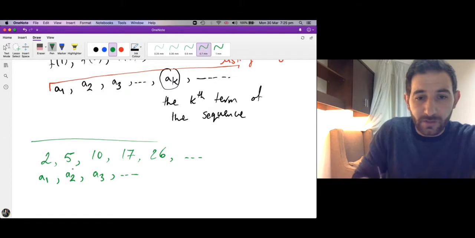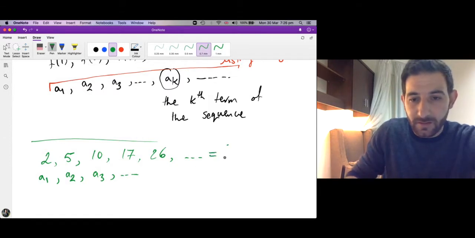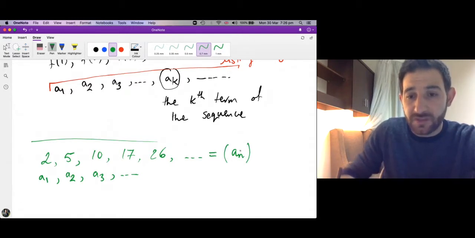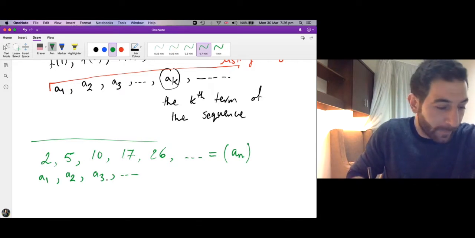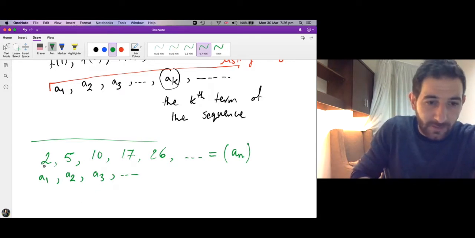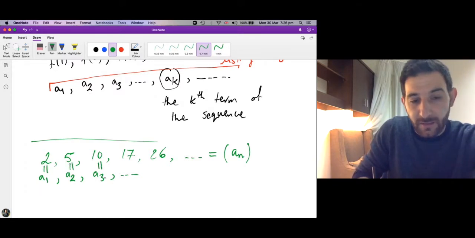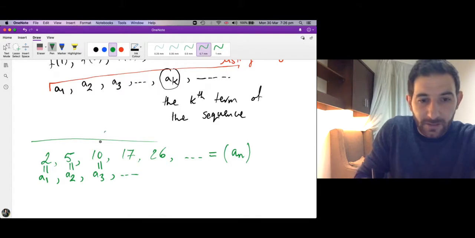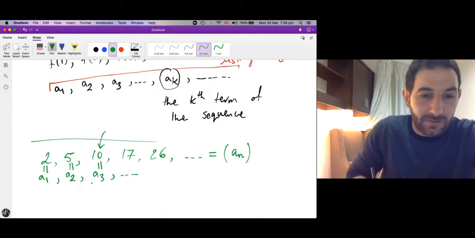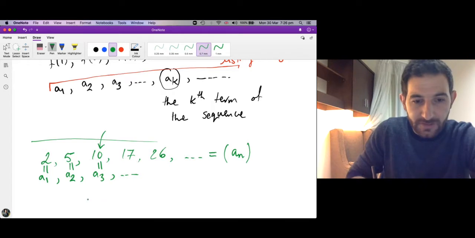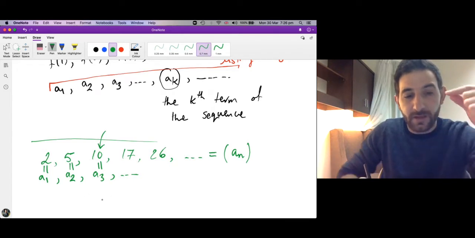In general, we write this whole sequence as (an) between round brackets, meaning a sequence whose nth term is denoted by an. This means a1 is 2, a2 is 5, a3 is 10, and so on. Notice here that there is a relation between the position of the term and the value of the term.